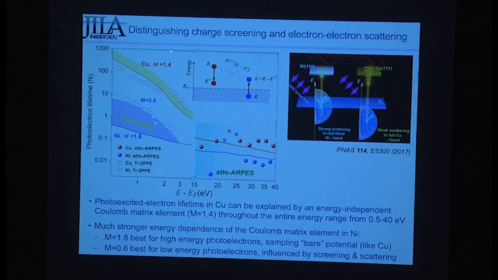In copper, the same bare Coulomb interaction matrix explains all the data, all the way from the Fermi level to high photoelectron energies. In nickel, you need two different Coulomb interaction matrices to explain the data, and the difference has to be due to strong screening, which is known to be at work in nickel because of its complex Fermi surface. But this gives a way of actually quantifying the contributions of screening near the Fermi level.